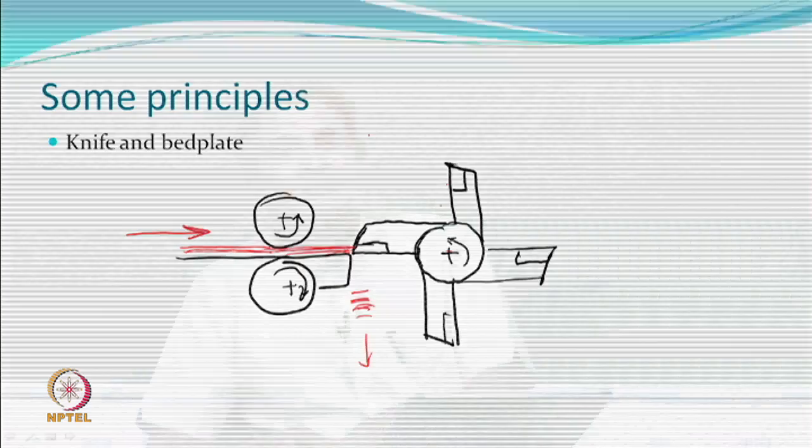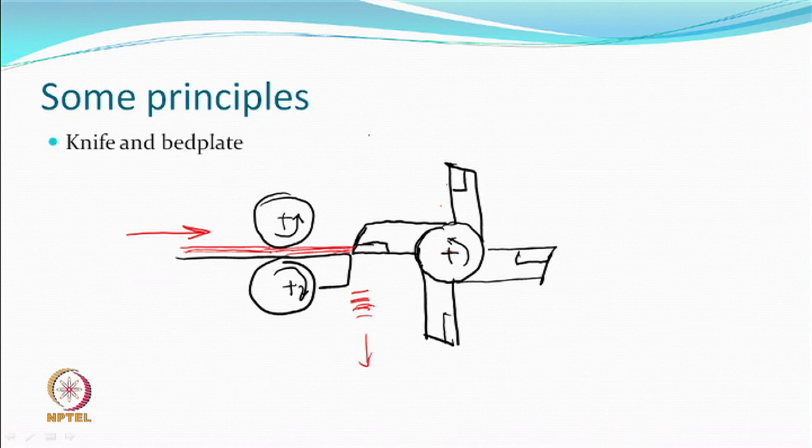So, you have to cut them. One of the principles of cutting is called a knife and a bed plate. So, you have a bed plate here. This is the plate over which there is a fiber tow, maybe spread over a plate, it is being fed, and then this is a system of 4 knives, let us say, very closely they come and cut, for example, and the fiber will keep falling.